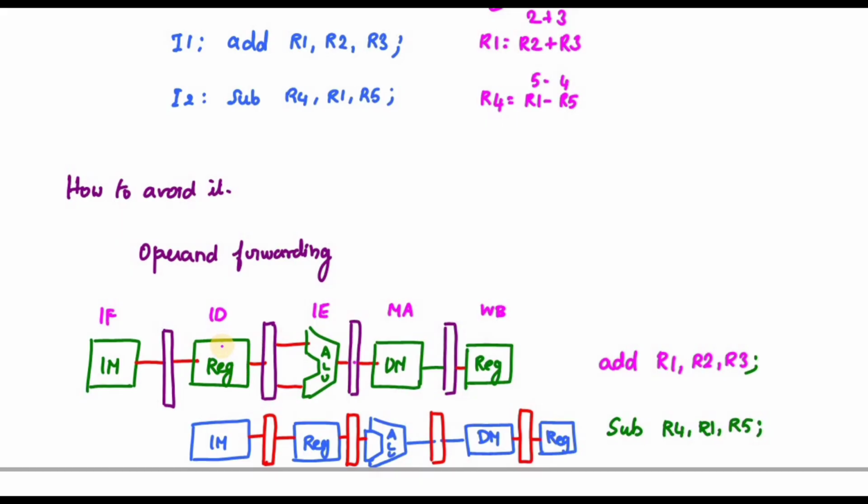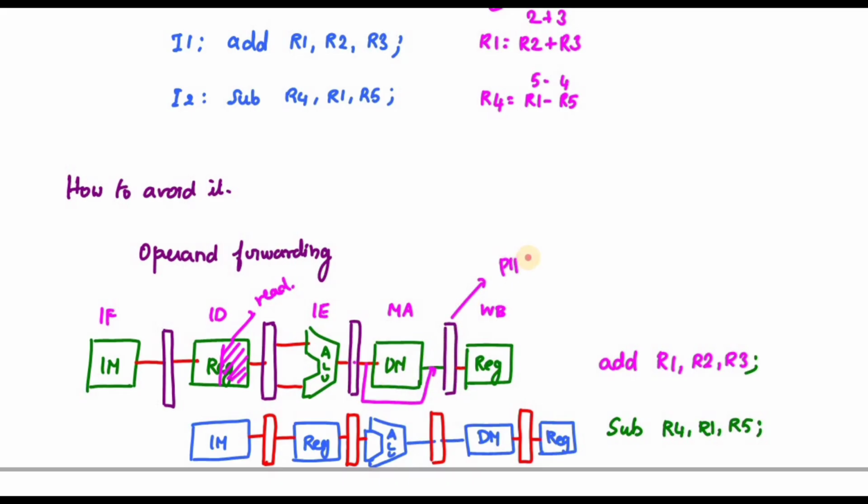Whenever there is a signal like this, it is called read. So I have read the data from the instruction decoder. After that the ALU will perform. For the add instruction we don't require memory access, so it skips that stage.